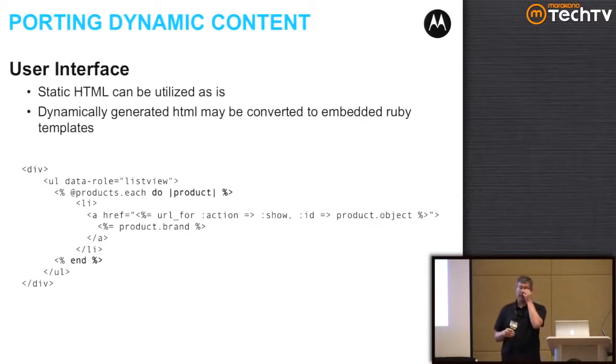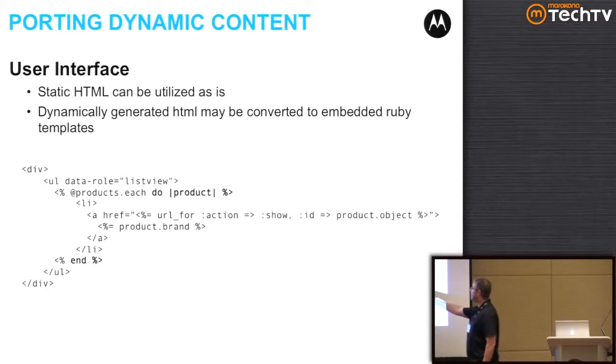So again, you may generate dynamic HTML using ASP.NET or JSP or PHP or something like that. We do this on the device using these Ruby templates. They tend to be very straightforward. So in other words, taking your dynamically generated HTML, if it's done, like I said, either in ASP.NET or JSP or whatever, it's probably going to be a fairly straightforward conversion.